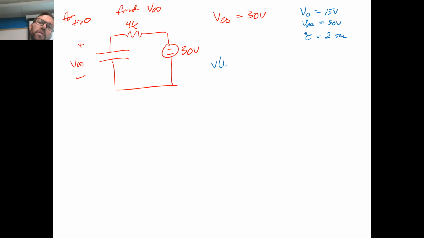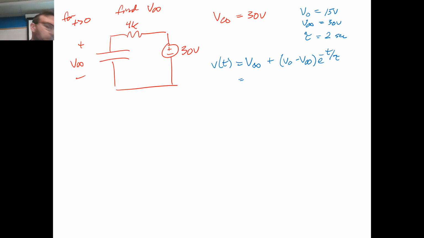We've got the general formula again, which we derived shortly ago, is V at infinity plus V naught minus V at infinity e to the minus t over tau. And so what do we get?